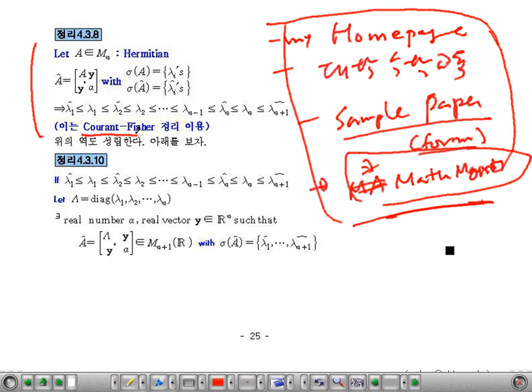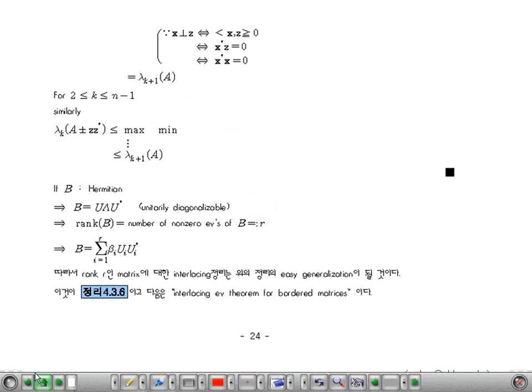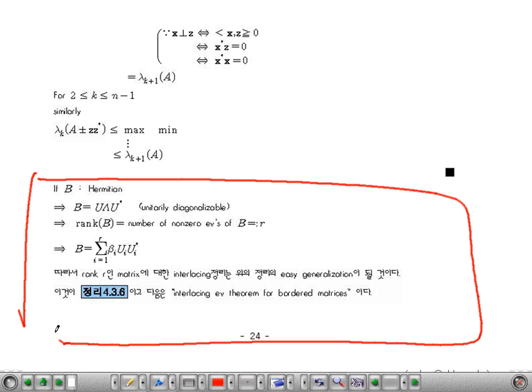Anyway, this also uses the Courant-Fischer theorem, min-max, max-min. Okay, and before I go back here, let's see. If B is a Hermitian matrix, then B is unitarily diagonalizable. So the rank of B is the same as the number of non-zero eigenvalues of B. Let's say the rank of B is r.